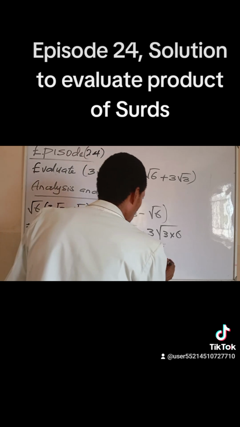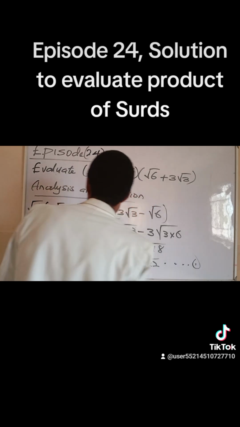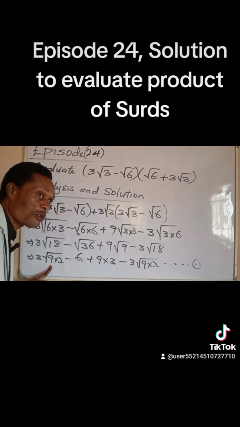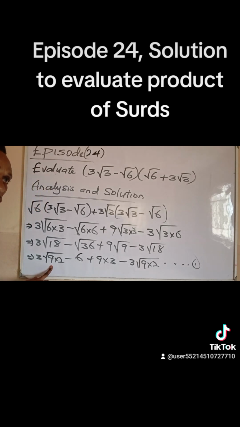Take note: √18 is √(9 times 2), because we consider two factors where one must be a perfect square, meaning a value that has a square root. So 9 has a square root, and 2 is a prime number.